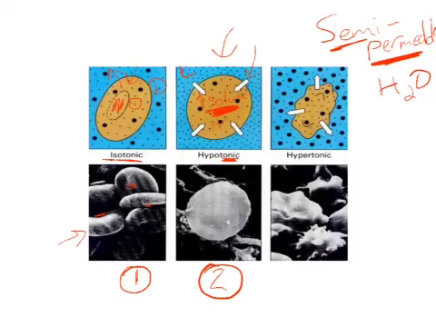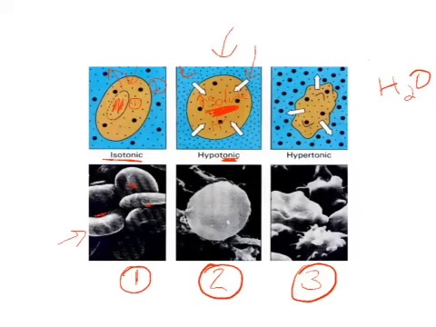In a hypertonic solution, the exact opposite occurs. Here we have the outside much more concentrated than the inside in its solutes. Again, because it's a semi-permeable membrane, your water molecules are the only thing that can pass through the membrane. So you have the water leaving, going from the inside to the outside.